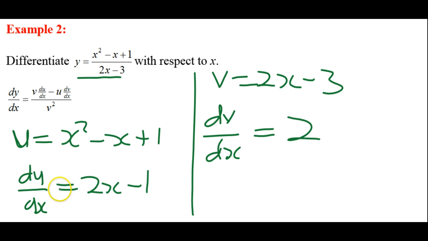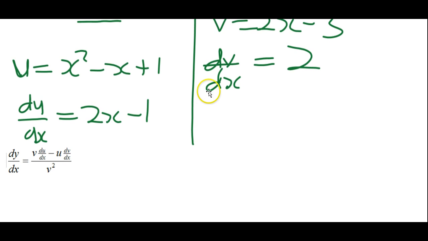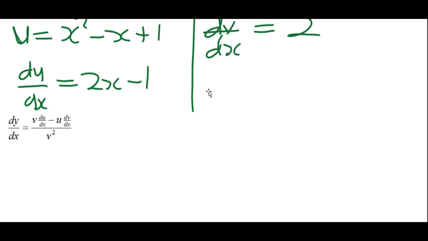Then using the formula, my original v is 2x minus 3.